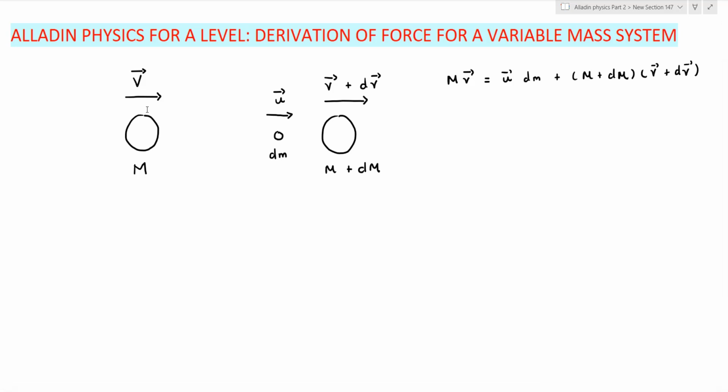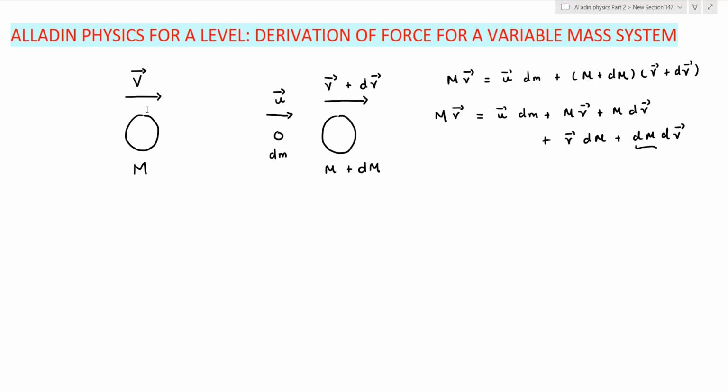Now if we break the brackets, we have dm into m v vector plus m dv vector plus v vector dm plus dm dv vector.